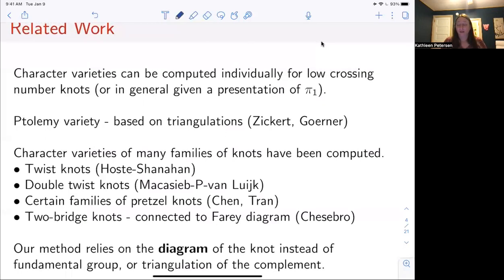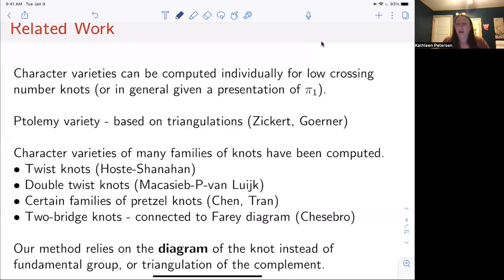You can take resultants of polynomials. There are related varieties to the character variety, for example, the Ptolemy variety that uses triangulations. And a lot of times character varieties are computed directly from the fundamental group.